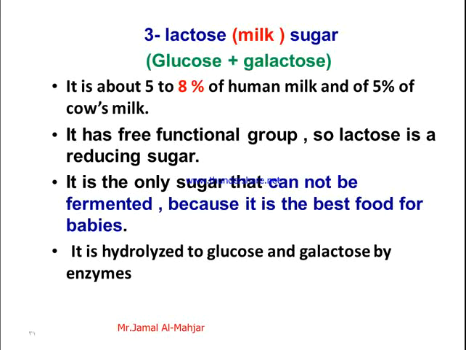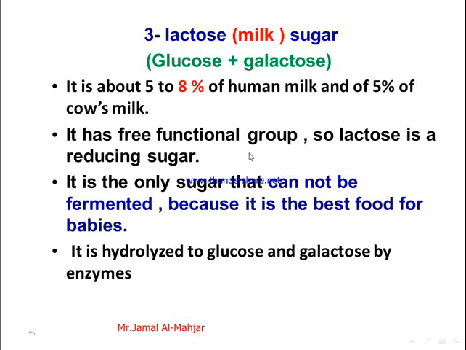Inside the human beings, if it could be fermented, it would change to alcohol, so the babies might drink alcohols. But Allah subhanahu wa ta'ala prevents its fermentation. It is hydrolyzed to glucose and galactose by enzymes inside the body, or outside the body in an acidic medium. So again, the only sugar that can't be fermented is lactose, milk sugar.